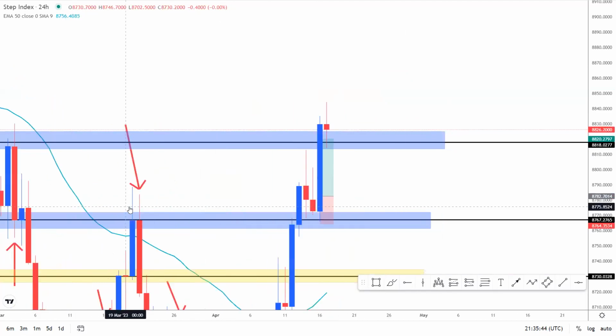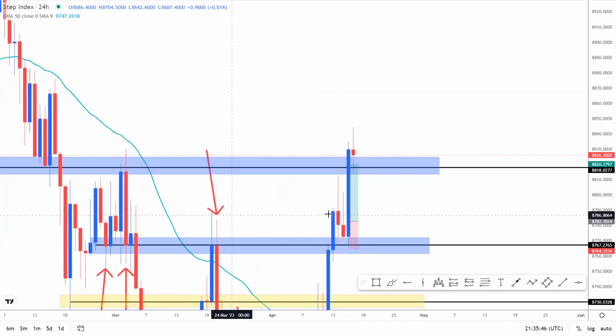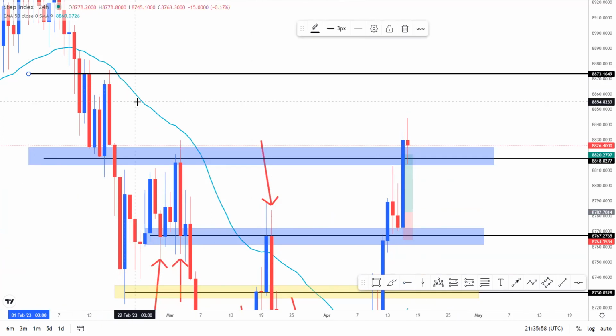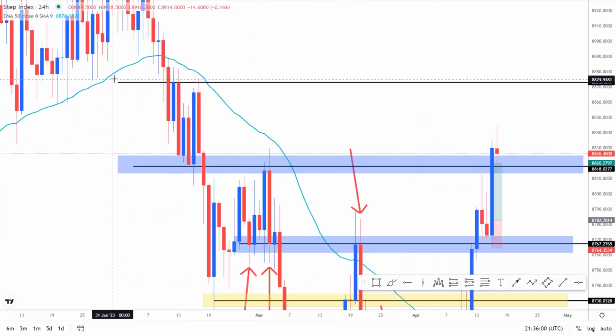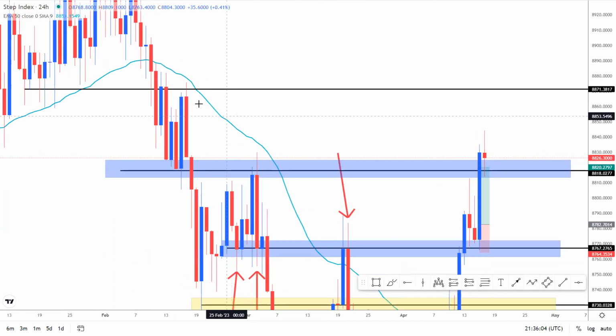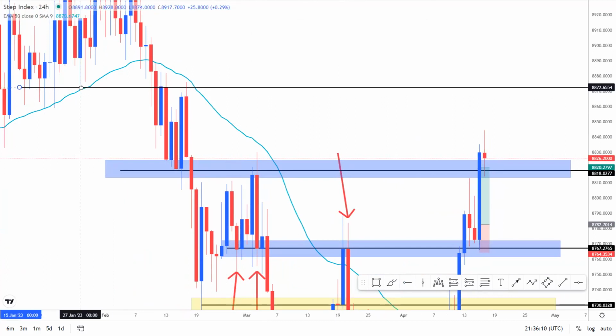And then again, having seen price close above this daily key level, you go to the next key level. Once you can identify the next key level just above that level, best believe there's a higher chance that price is most likely going to come right into this level, having broken above the current key level.